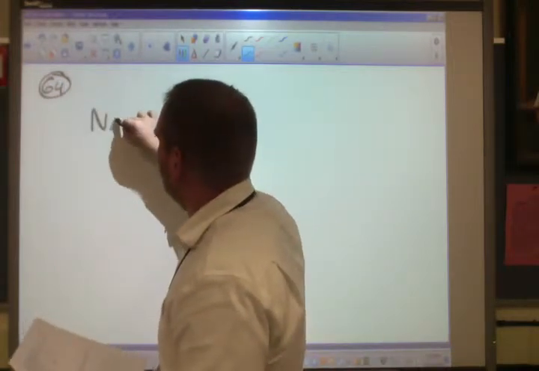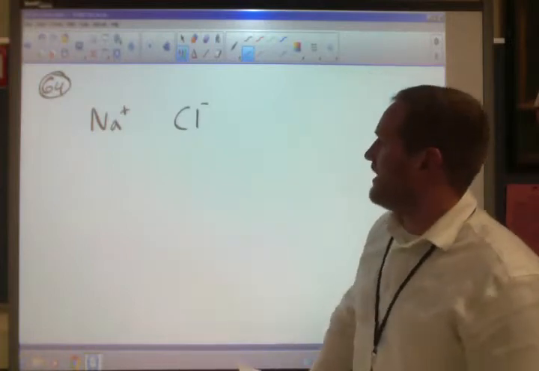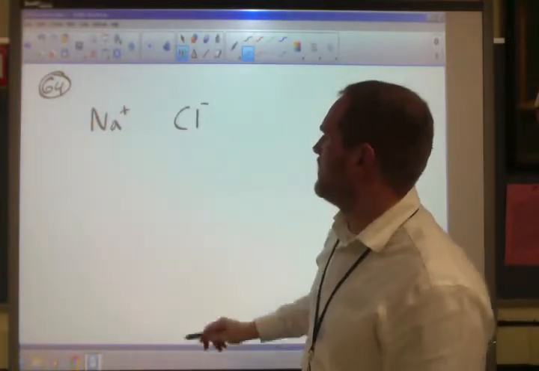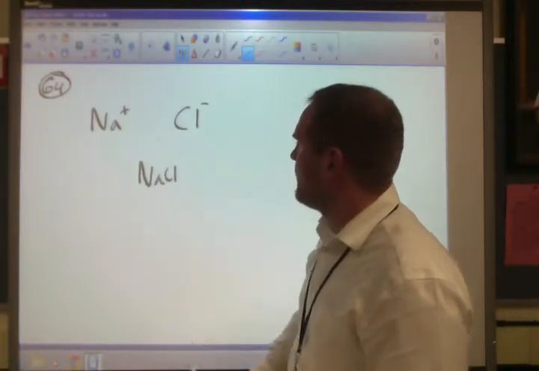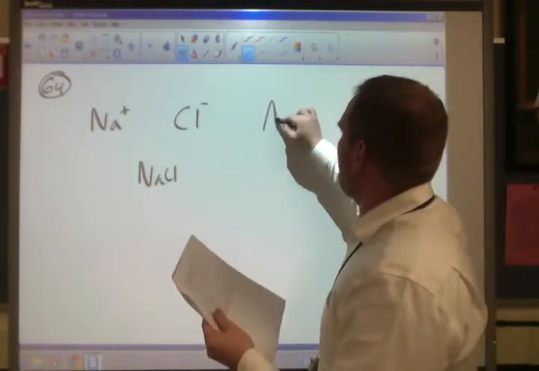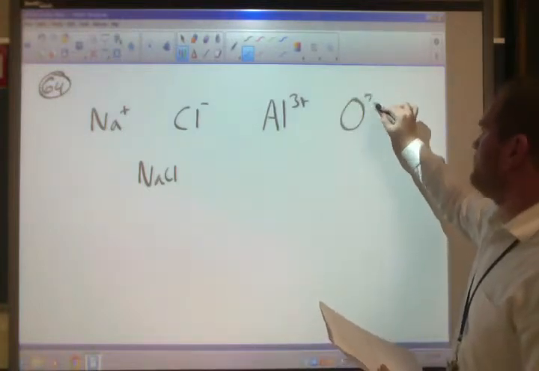Sodium is Na. It forms a +1 charge. Cl forms a 1 minus charge, and you can see a nice 1-to-1 ratio, a +1 and a -1. So these are just going to come together and form NaCl. The next one, we have aluminum, which forms a 3 plus charge, and oxygen, which forms a 2 minus charge.